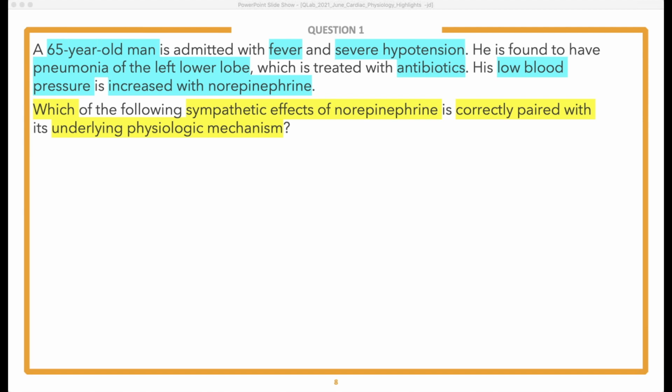Those are the important clues in that lead-in. In terms of how many steps this question is, I think one, we need to know the sympathetic effects of norepinephrine. And then two, we need to know a little bit more about its physiologic mechanism in order to correctly pair it. So I think this could be a two-step question, knowing two different things that we have to pair together correctly. Let's take a look at those answer choices.